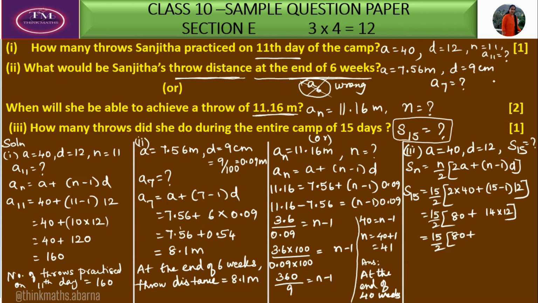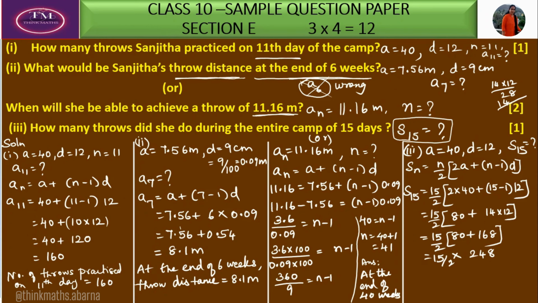So let me calculate here. 14 into 12: 4 twos are 8, 1 two is 2; 14 into 1 is 14. If you add, we get 168. So 15 by 2 into 80 plus 168 is 248.